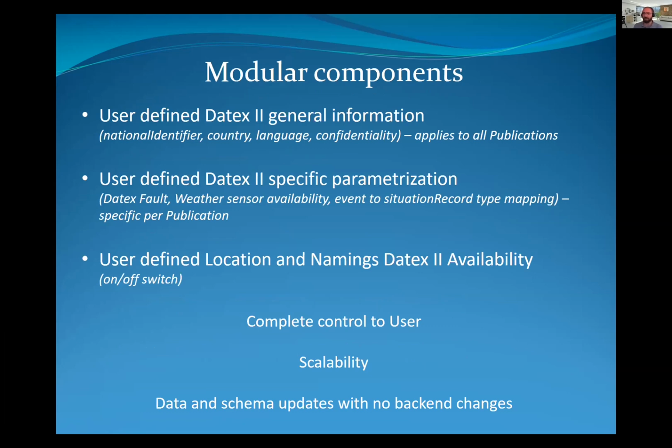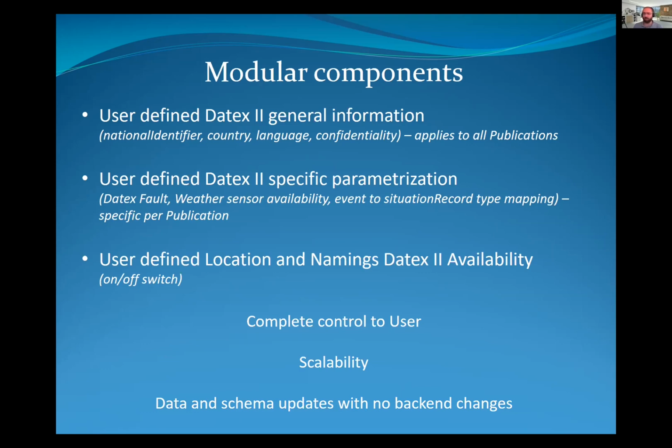He can also edit user-defined DATEX II specific parameterization, such as weather station and weather sensors availability, event to situation record type mapping, DATEX folds. And of course, as I mentioned before, the user can switch on or off specific locations and namings. I'm referring to the tree directory of the system.